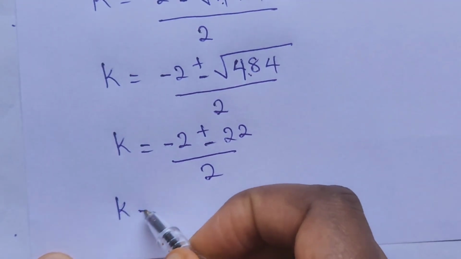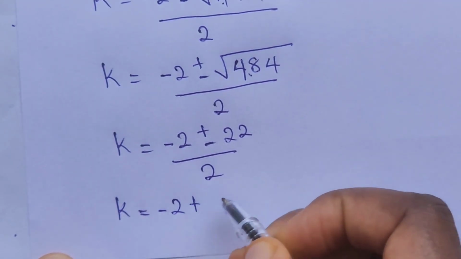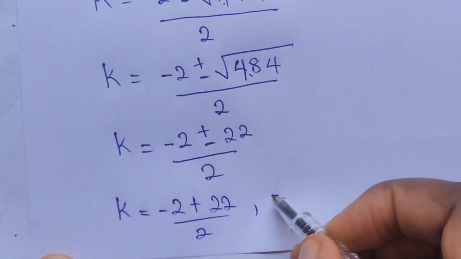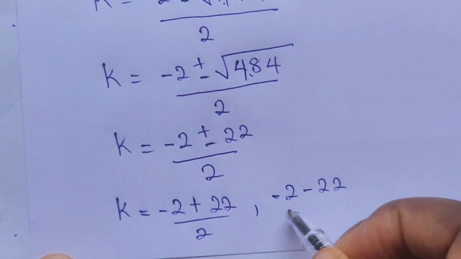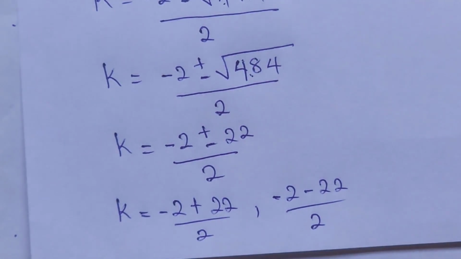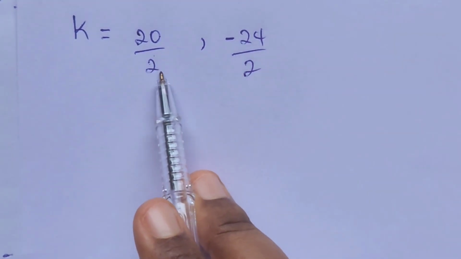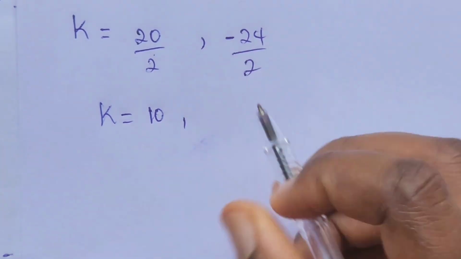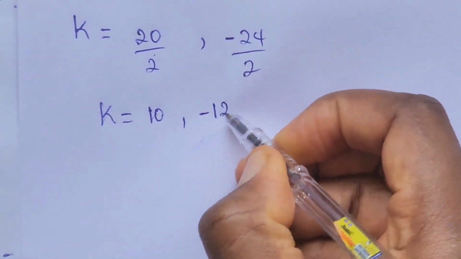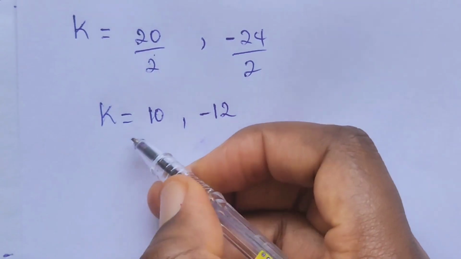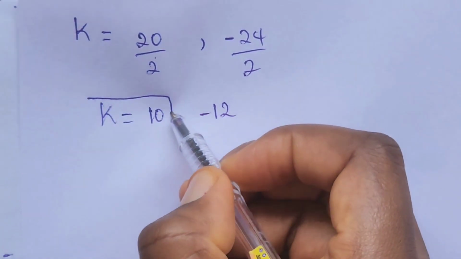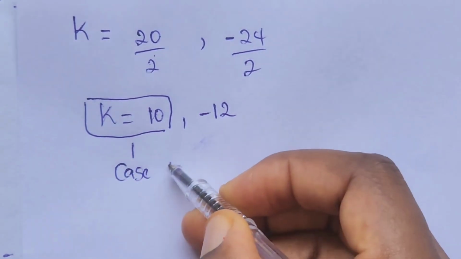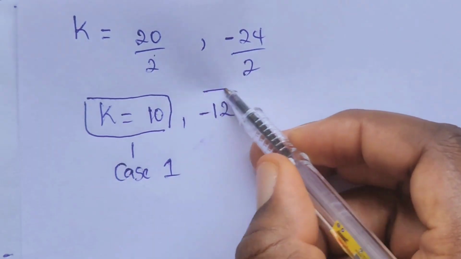So our k is equal to minus 2 plus 22 over 2, and minus 2 minus 22 over 2. So we have k equal to 20 over 2, which is k equal to 10, and k equal to minus 12. So this is case 1, and this is case 2.